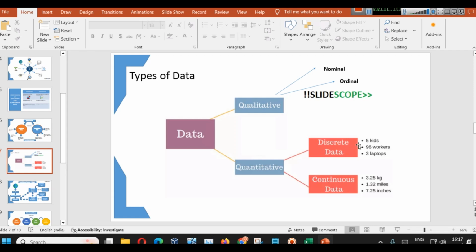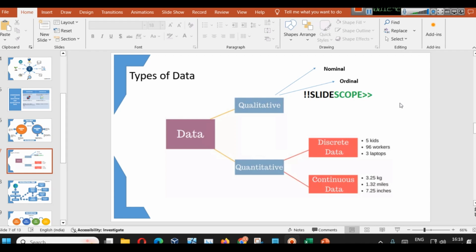Discrete means what? Let's say I ask you, how many phones do you have in your house? You will say I have 5, 4, 3, 2, right? If I ask you in the company where you work, how many employees are there? You will say I have 100 employees, 200 employees, 1000 employees.